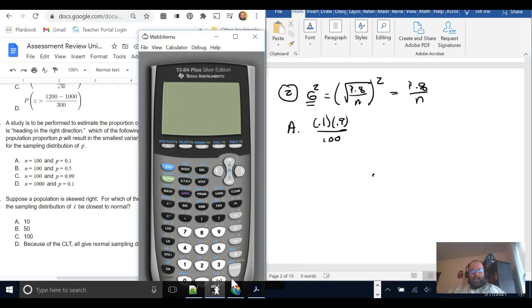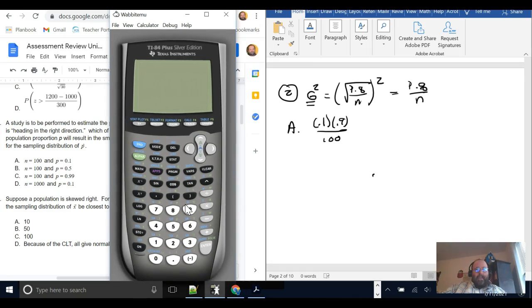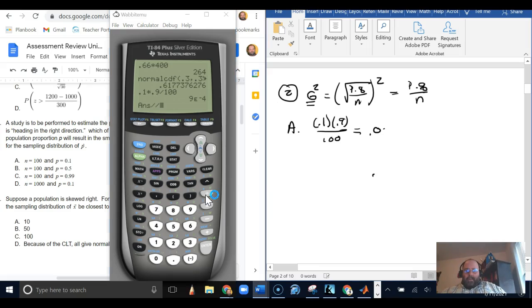If I grab my calculator, 0.1 times 0.9 divided by 100 gives me 0.0009.